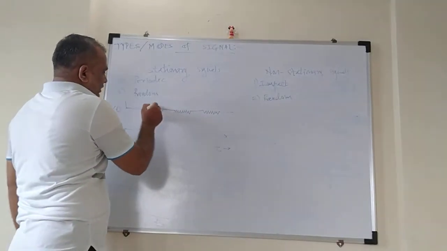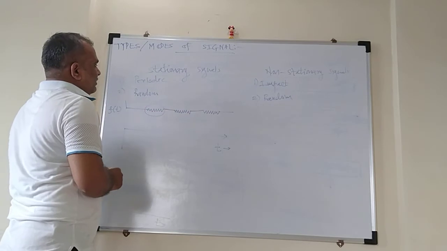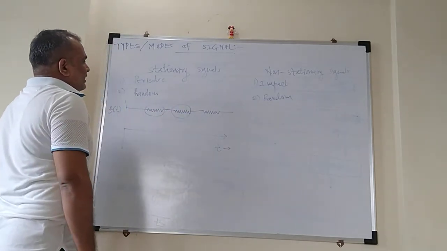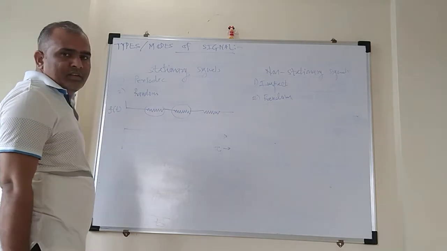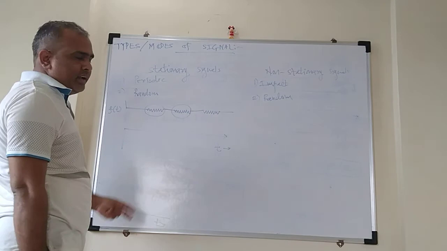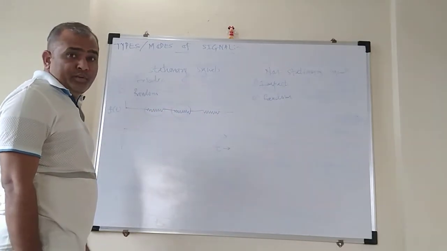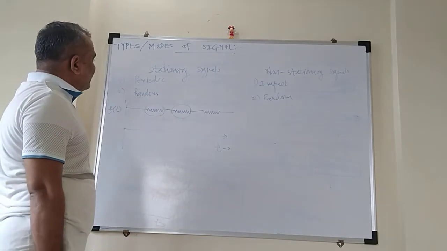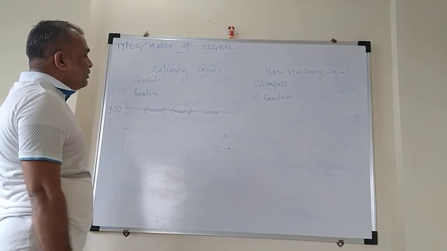In this particular time block the signal is varying, but that varying signal is periodic. So this kind of signal is an example of a stationary signal, and of course it's a periodic signal because the variation in the signal is varying periodically.